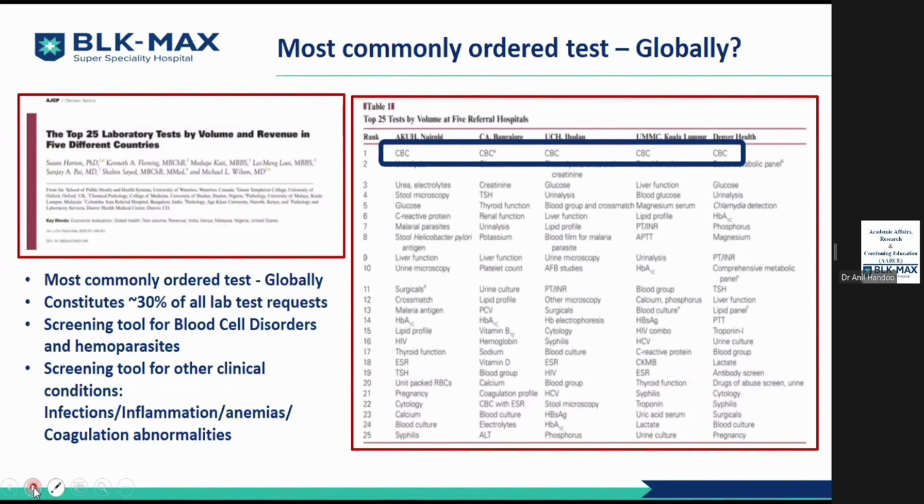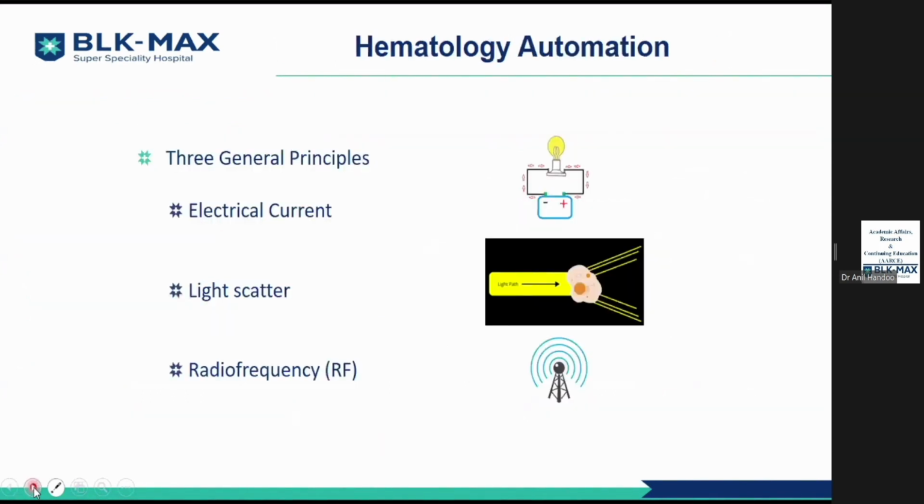You do this test primarily for any patient who arrives in a setting of medical care, and also for patients where you're screening for blood disorders or hemoparasites, infections, inflammations, anemias, and of course coagulation abnormalities. In all of these cases, the complete blood count is the most commonly advised test.